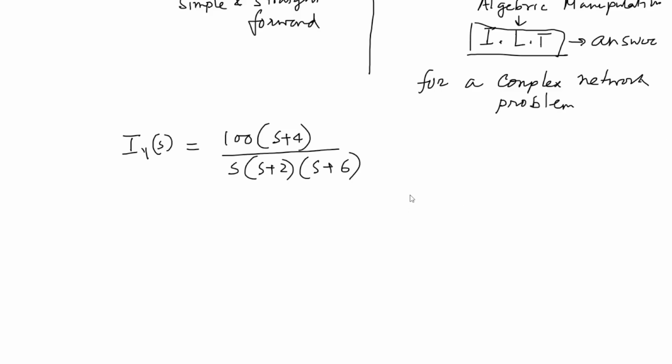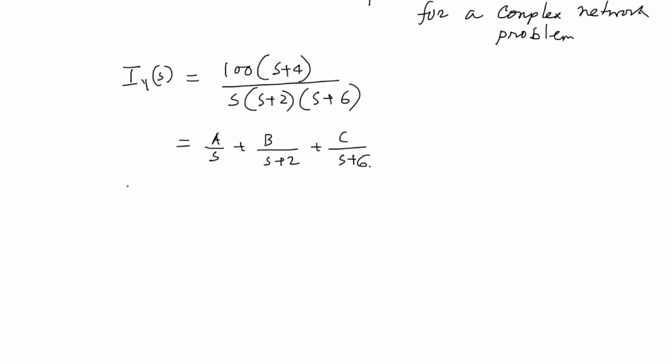Now let us split it into a partial fraction expansion. It should be a by s plus b by s plus 2 plus c by s plus 6, right? So what will be a? A should be equal to s into I1s at s equal to 0.